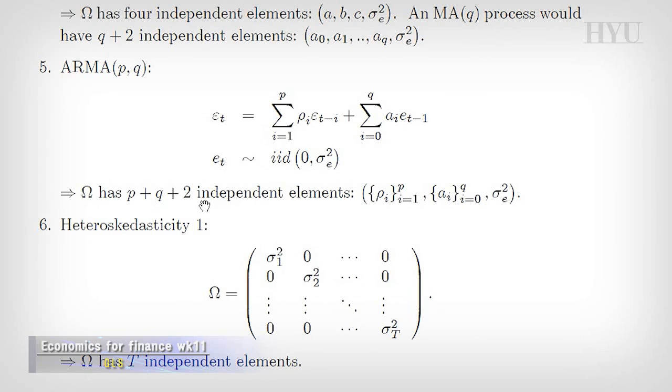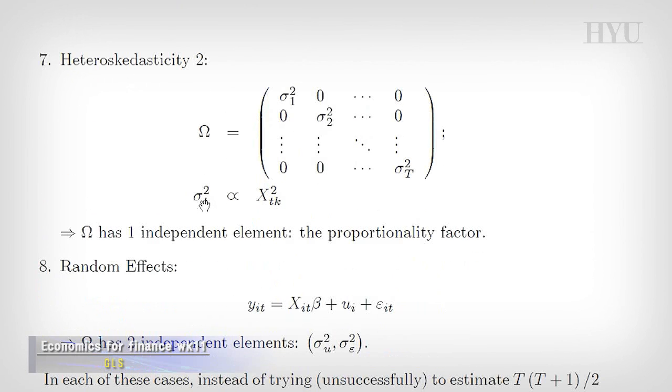For heteroscedasticity, sigma has T independent elements. Still we have too many independent elements, because we have only T observations. So basically we have to impose some restriction. One way is like this.